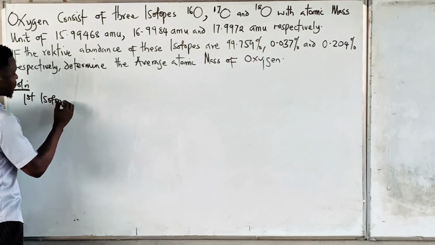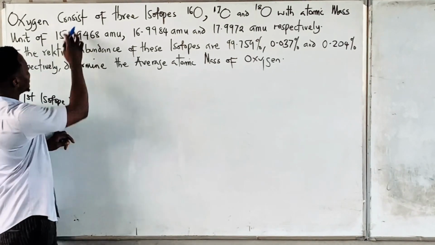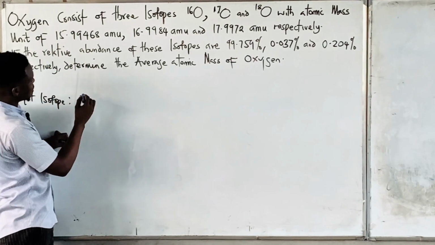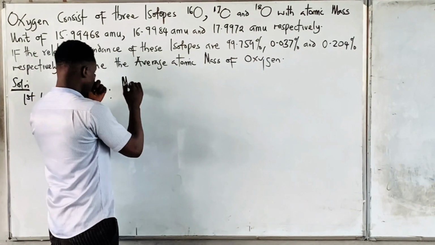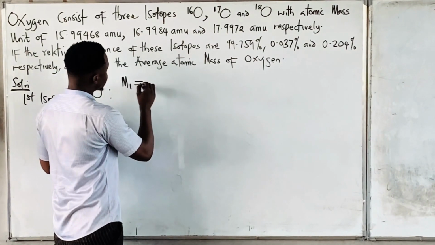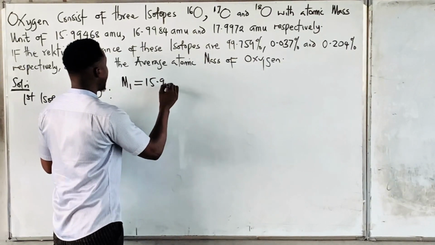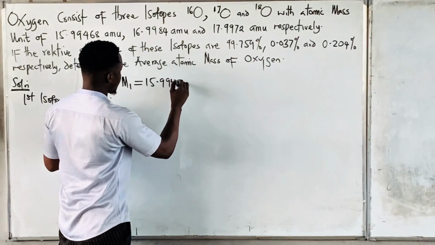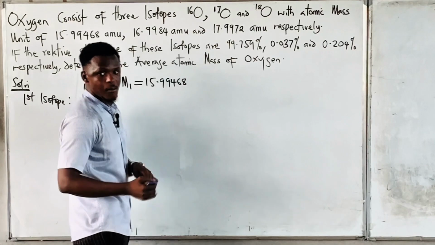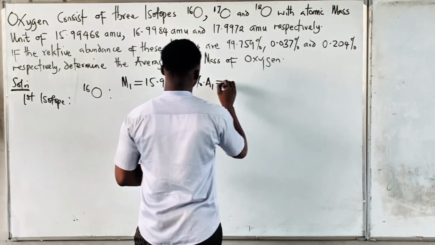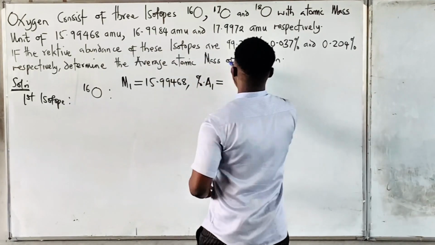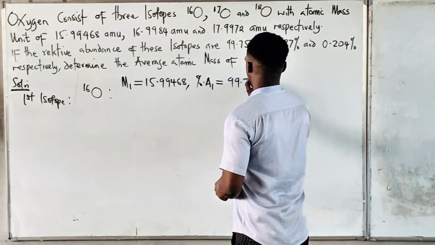Now the formula is going to be, I'll say, first isotope. I want to get the parameters for the first isotope. The mass of the first isotope is 16 O. The mass of this one, mass 1, is 15.99468. Percentage abundance 1 is 99.759.